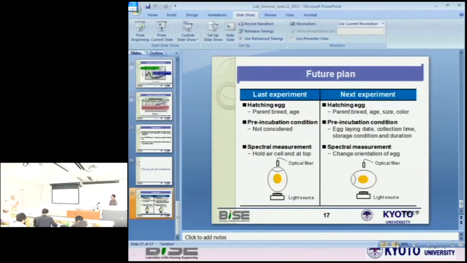Don't you think about the integrating sphere? I read another paper. They use a collimating lens here. I also talked with Fujioka-sensei that I want to set a collimating lens here.